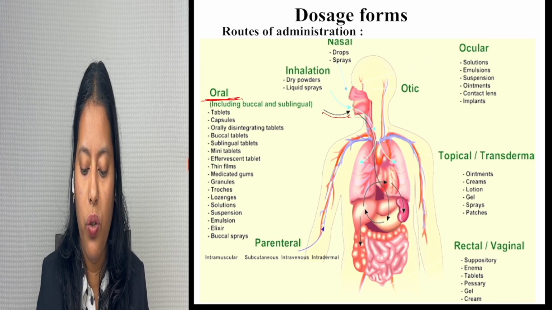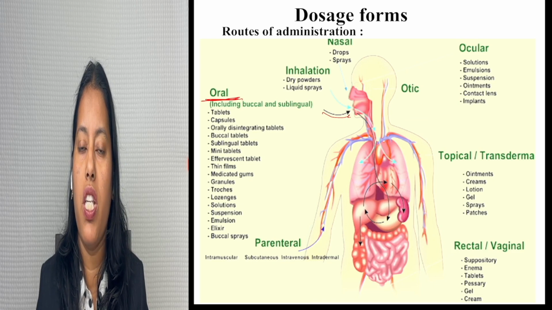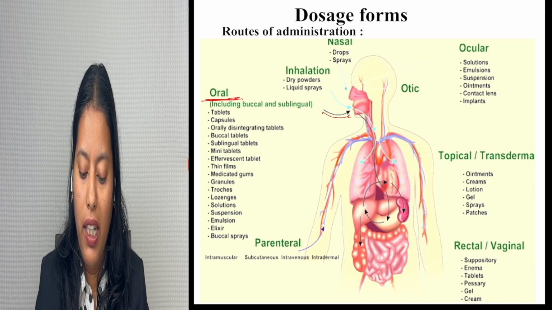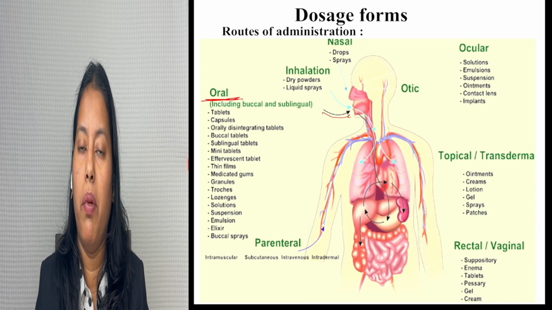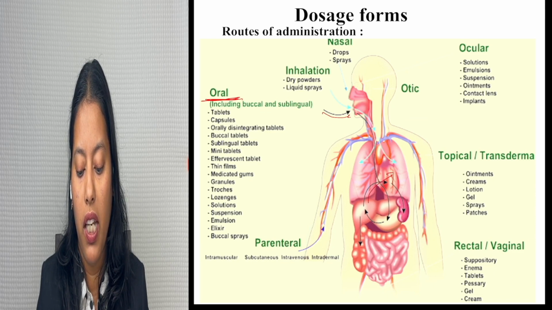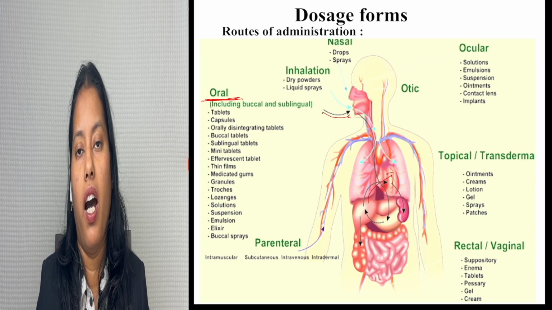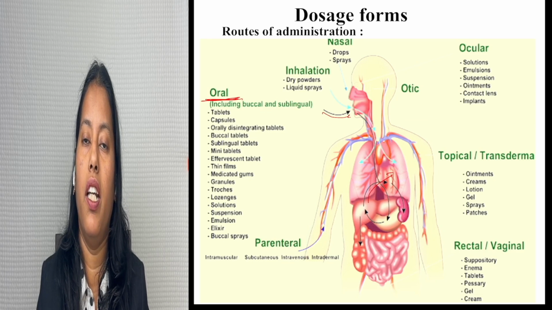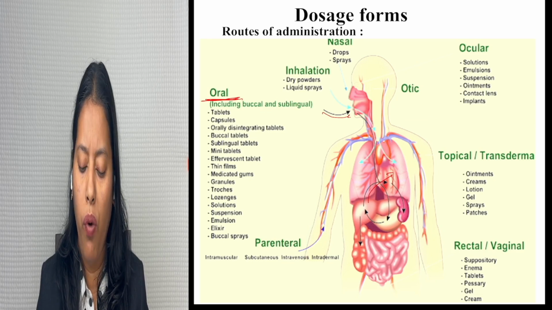It enters into your digestive system, goes into your stomach, then liver, intestine. In liver, part of the drug is getting metabolized, and after metabolism, it is getting pumped toward the heart, and from the heart, it is getting circulated throughout the body.